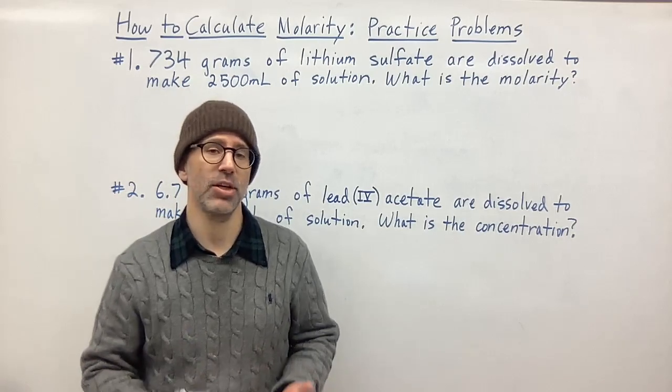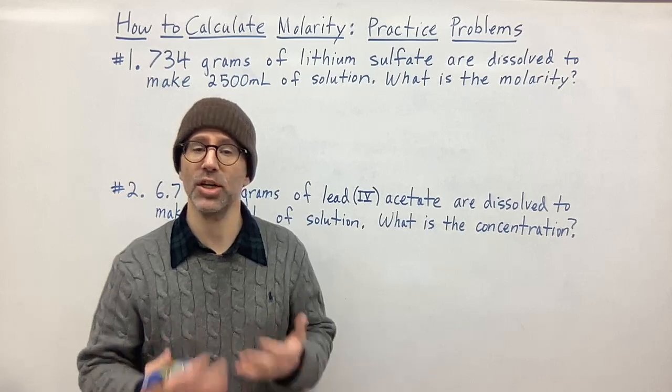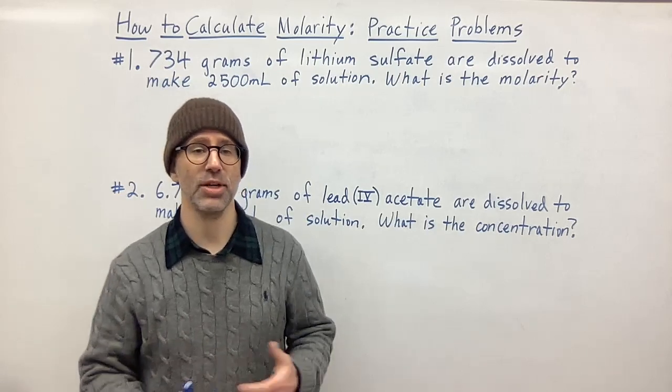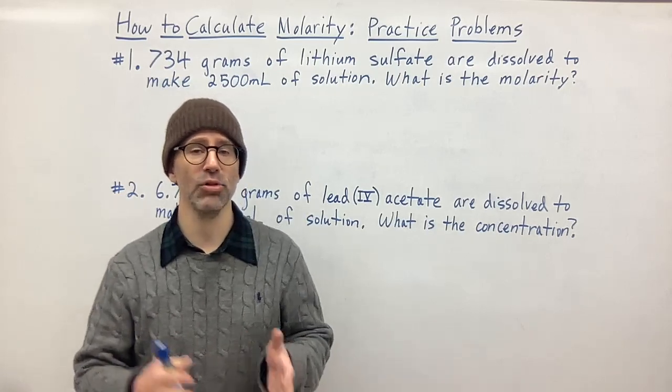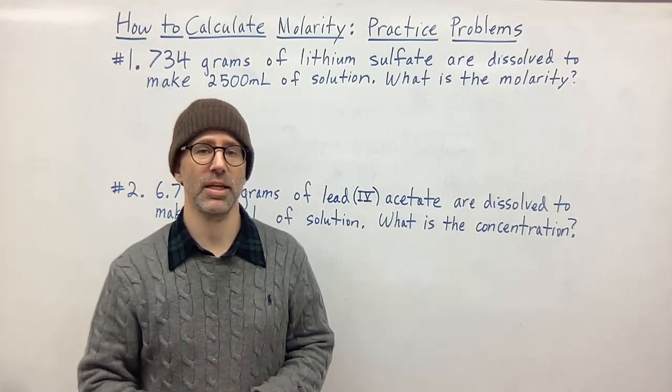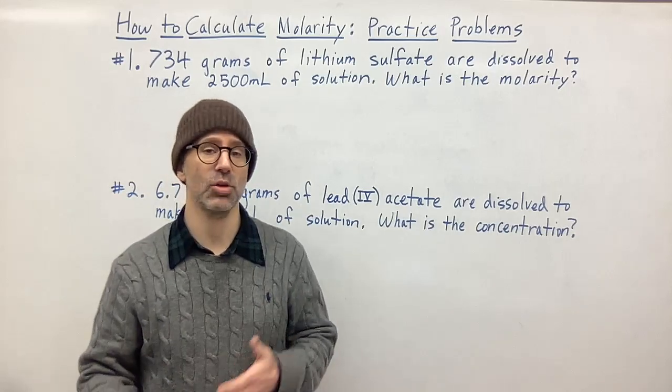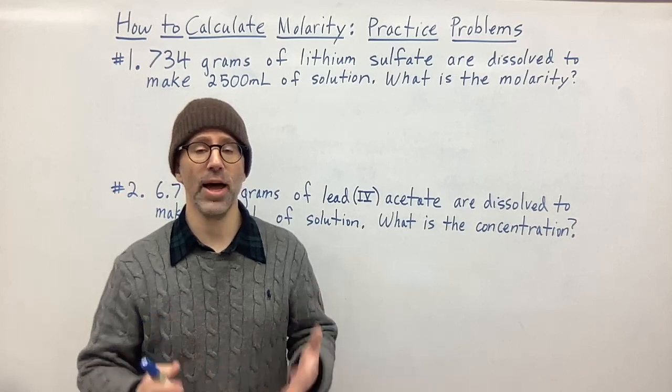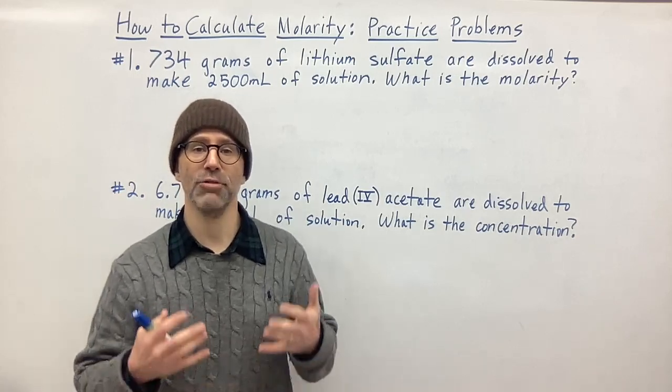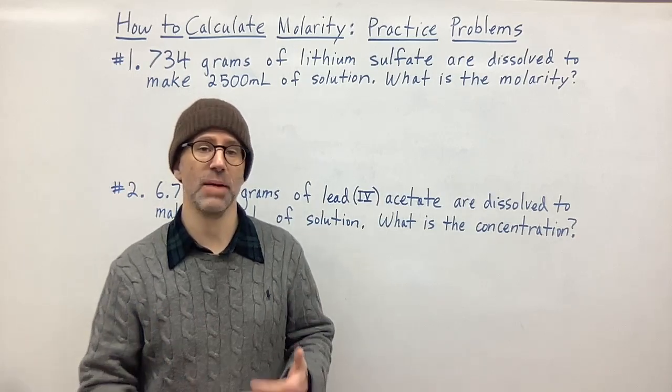In molarity, you need to know by definition what molarity is. You need to know that molarity is the moles of solute divided by the liters of solution. Once you know that, it's just a matter of finding those parts and putting them together.